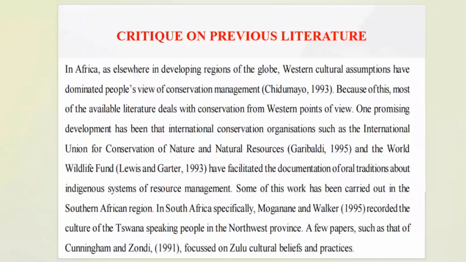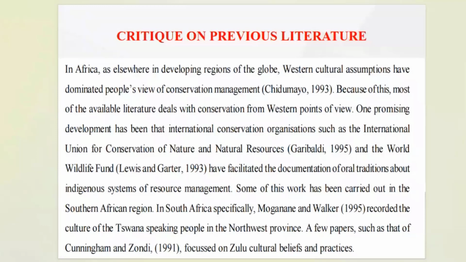It was recent, I think it was 97. It is also something that has looked at our culture. So it is not true that it was only Cunningham and Zondi who focused on the Zulu beliefs, as well as Mukhanane and Walker who focused on the Northwest.